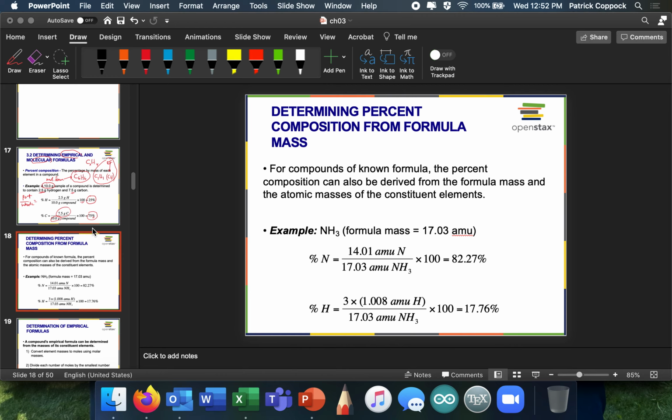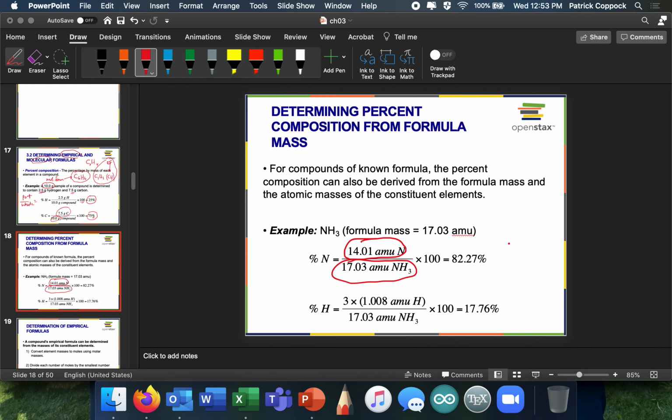It's exactly the same thing, except done in AMUs now instead of... it's not actually, it's not exactly the same thing. I went too fast on that. So we may be asked, what's the percent nitrogen in ammonia? So you would take the AMUs of the mass of a nitrogen atom and the mass of an ammonia molecule, and this is a part per whole, and you divide it.